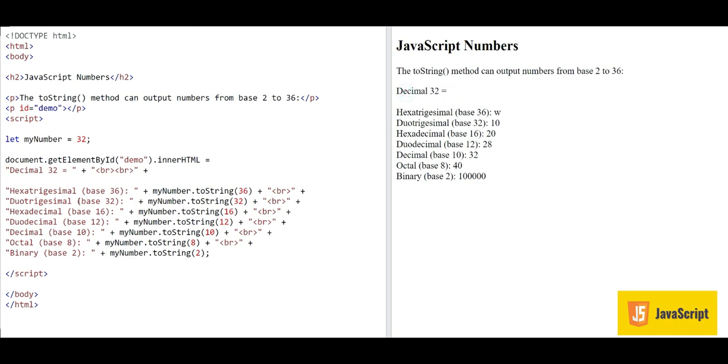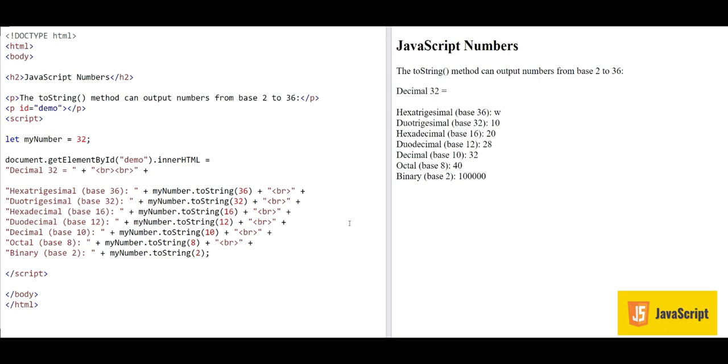And when I call the toString method on this number and put the base inside the round brackets, the result will be in that particular base format, right? Like here we have base 2 to base 36.